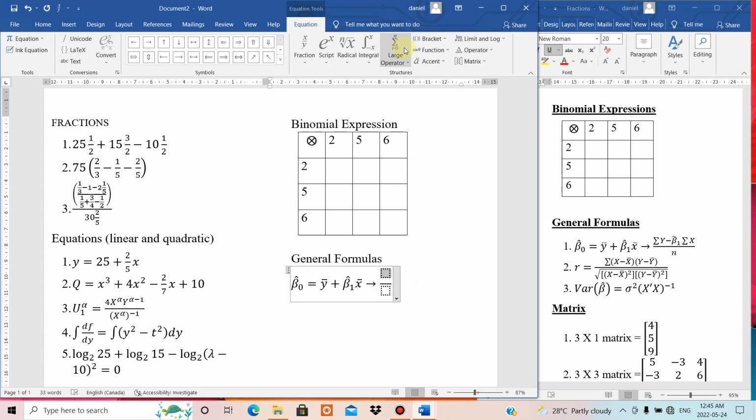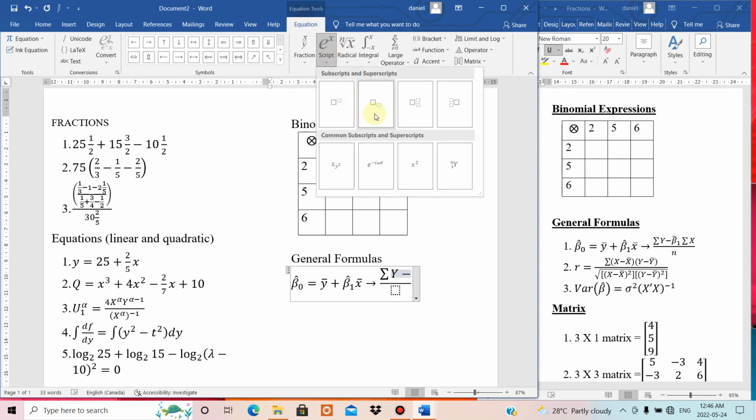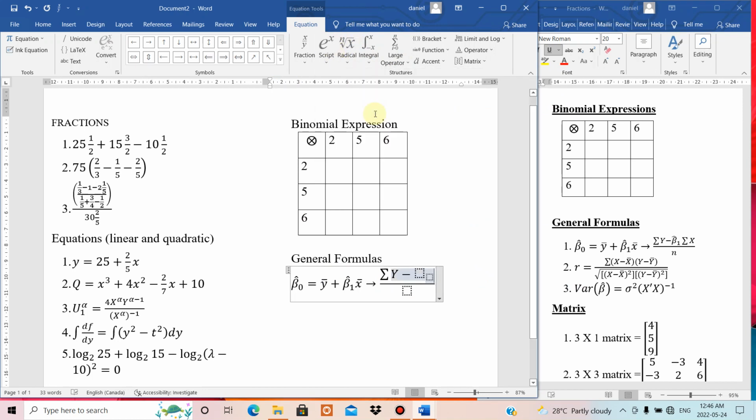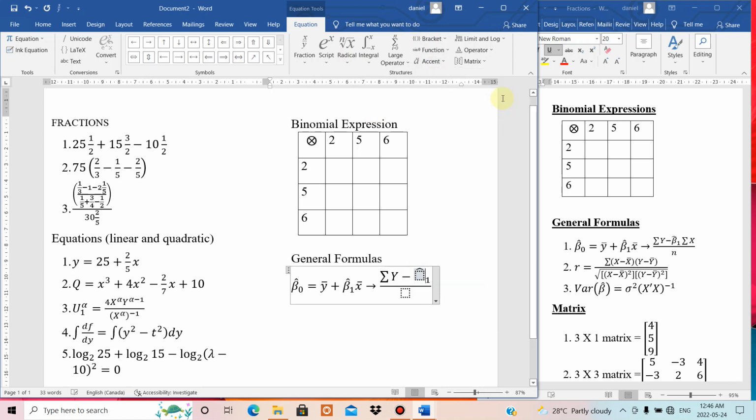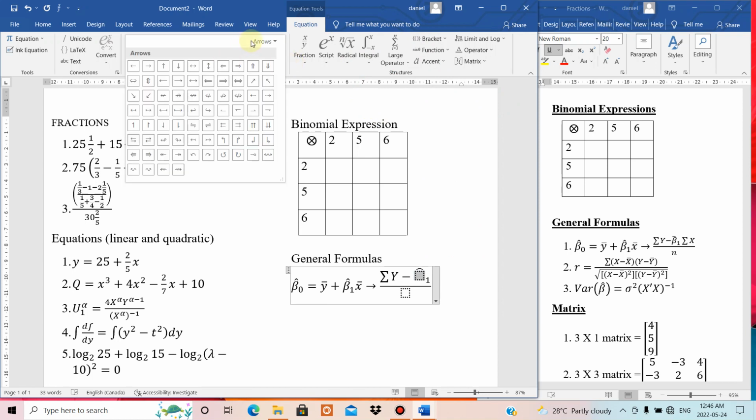So we need the summation sign. So summation y minus, it has a superscript, a subscript, that's 1 and an accent of hat, and the value within is a Greek letter, that's beta.